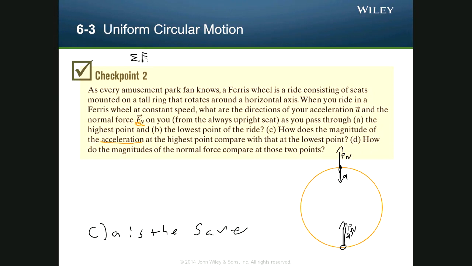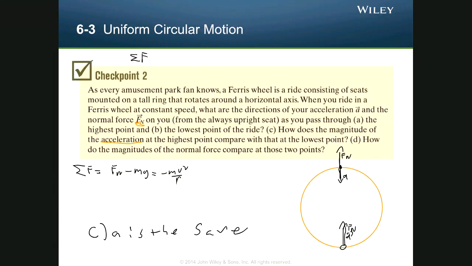Okay, so we seem to get consensus now. So let's check. So we'll sum the forces at the top. Sum of the forces is going to equal Fn minus mg, and that's going to equal minus mv squared over r.